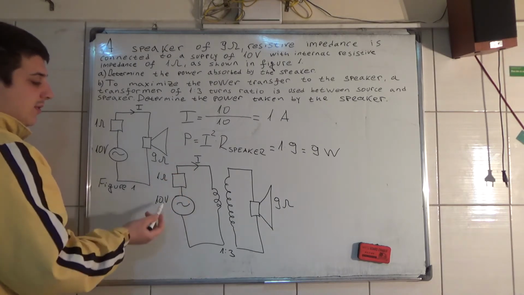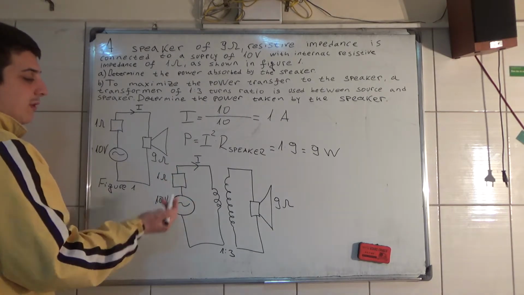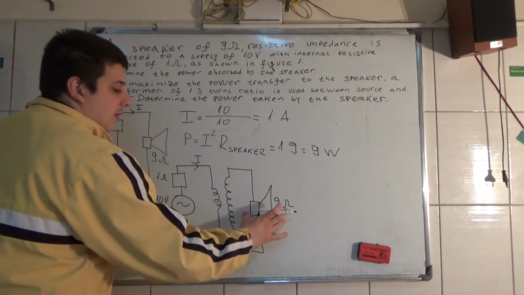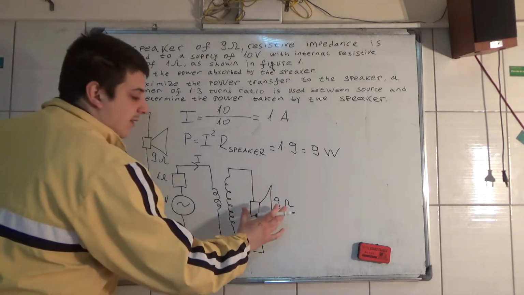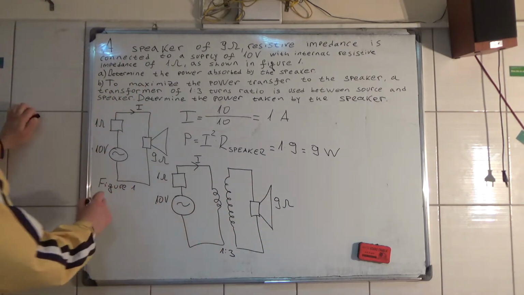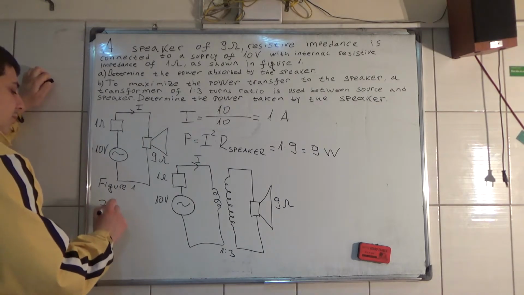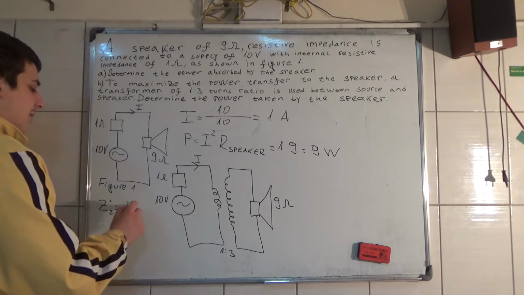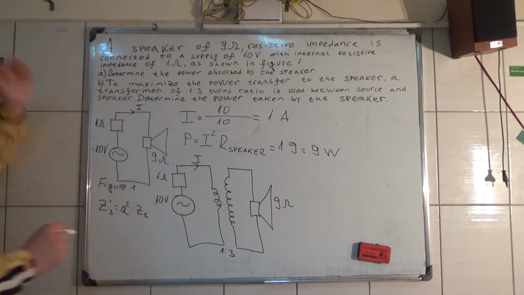The input, the current and the 10 volts stay the same, but we want this output load on the primary side. Refer this to the primary side, and the formula for that was Z2 prime is equal to A squared times the output impedance.